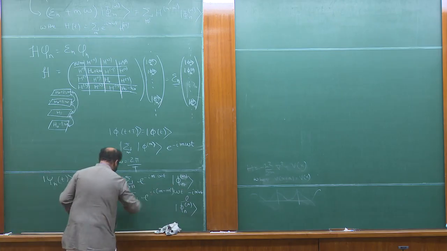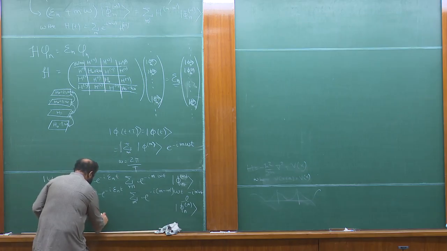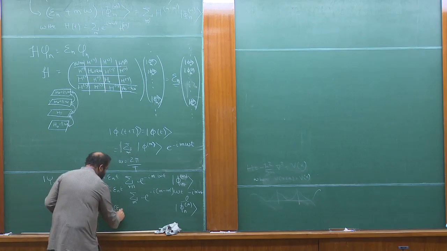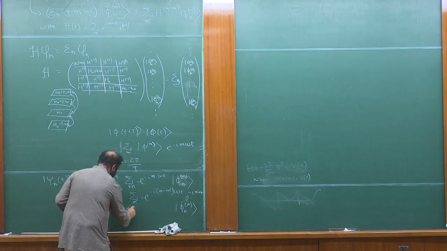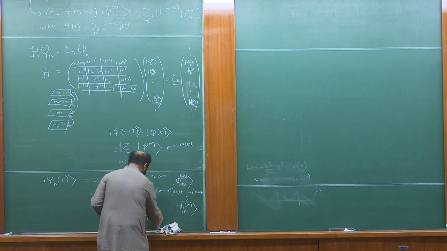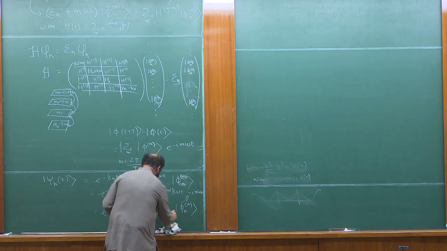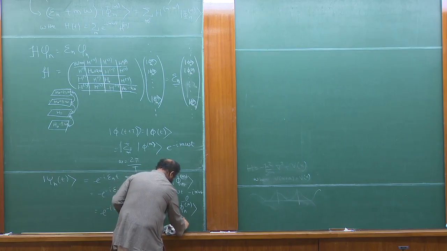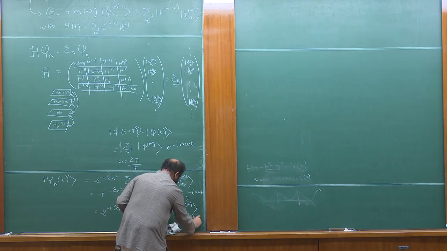I can bring these two together and get e^{-i(ε_n + m′ω)t} sum over m e^{-i m ω t} e^{+i m′ ω t} φ_m.